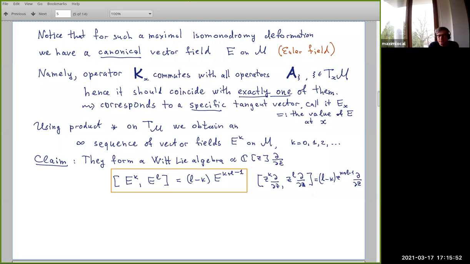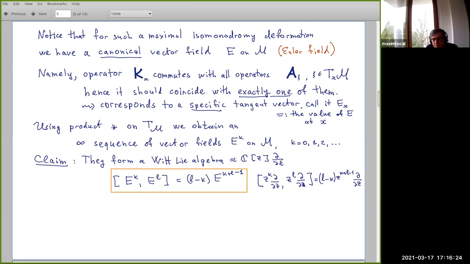So one can make any non-negative integer power and get E to the power k, a vector field. And here's the first interesting claim: if you have these infinitely many vector fields, they form an action of the Witt algebra, formal polynomial vector fields in one variable. If we take the commutator of E to the power k and E to the power l with respect to the product, we get (l minus k) E to the power (k plus l minus 1).